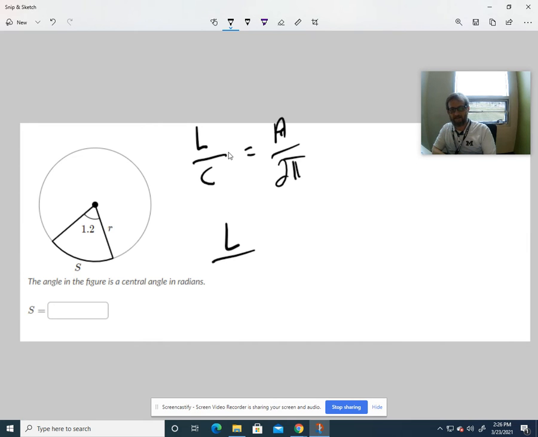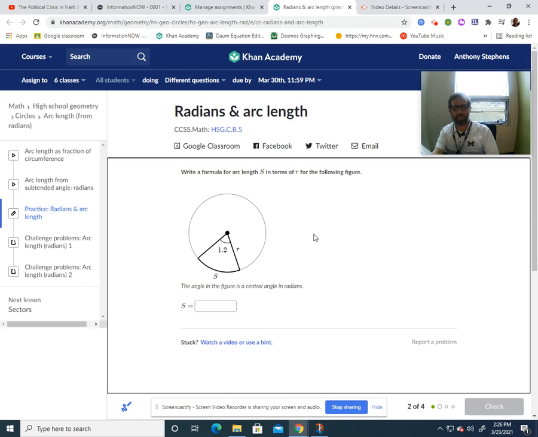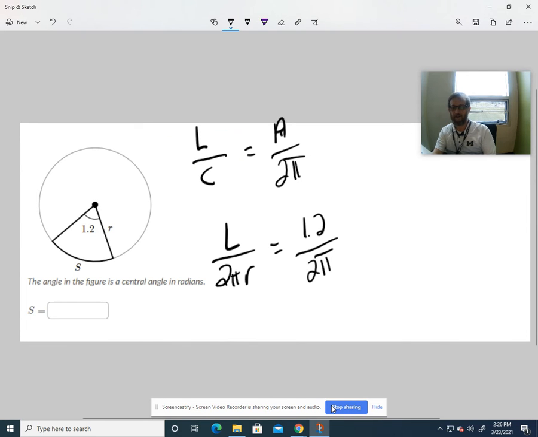The circumference here is literally 2 pi r, because they told me that's r. And the angle is 1.2 over 2 pi. Now, looking at this question, it says to write the length in terms of r, so they definitely want an r in my answer.